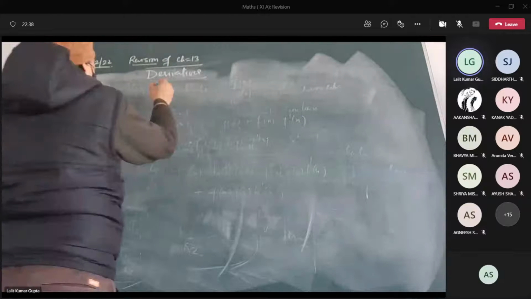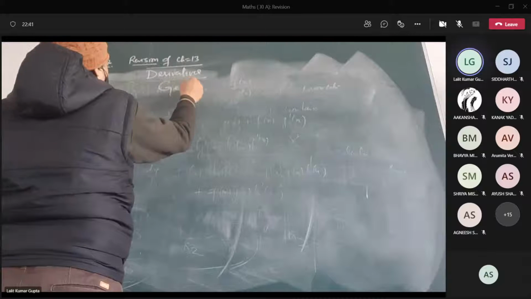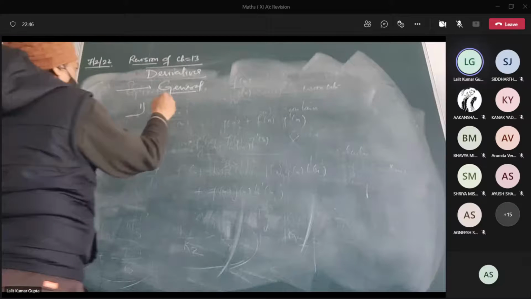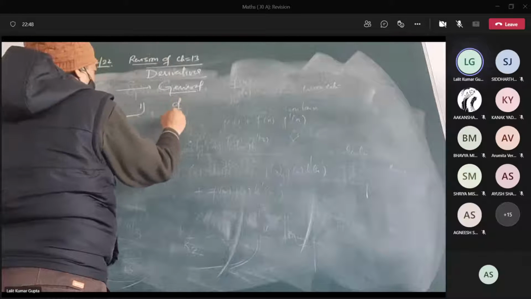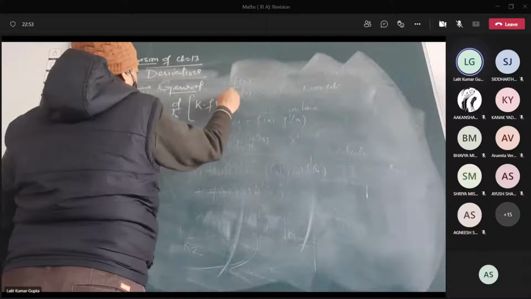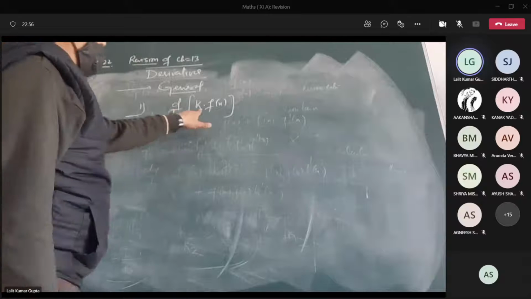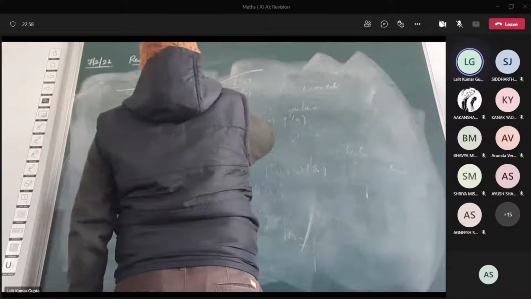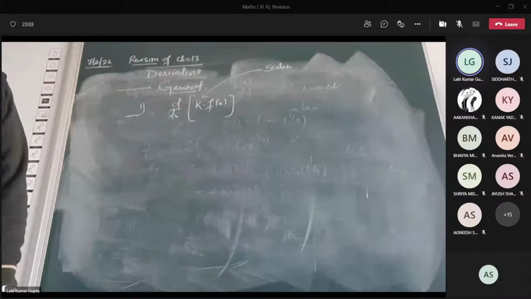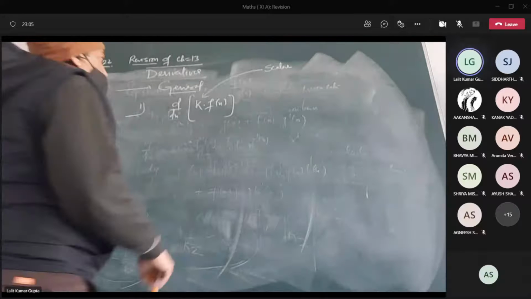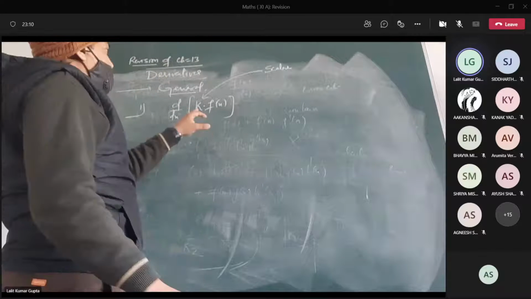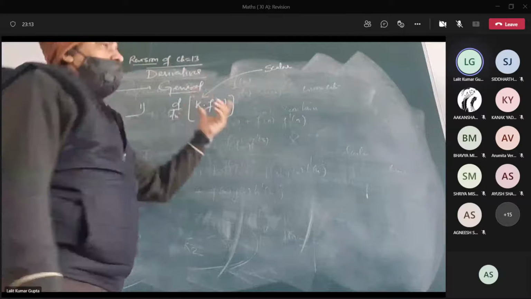Now some general rules, have a look once more, beta. In this, if we have to differentiate d by dx of k into f(x), right? k is any scalar, any constant. This is also known as the scalar multiplication rule. You have studied the product rule; in the same way, in some books they have given this scalar multiplication rule.